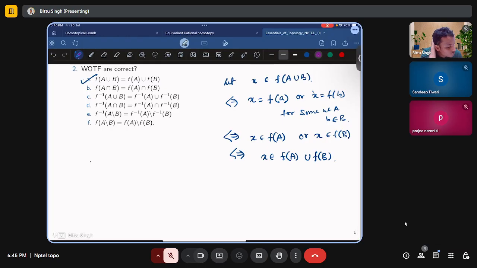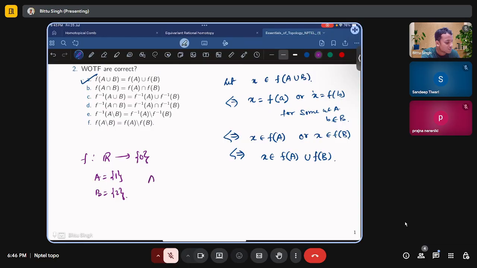Suppose we consider this function. Suppose f is the constant function. f maps R to the singleton set {0}. Everything goes to 0, this constant function. And suppose A equals the set {0, 1}, B equals {2}.